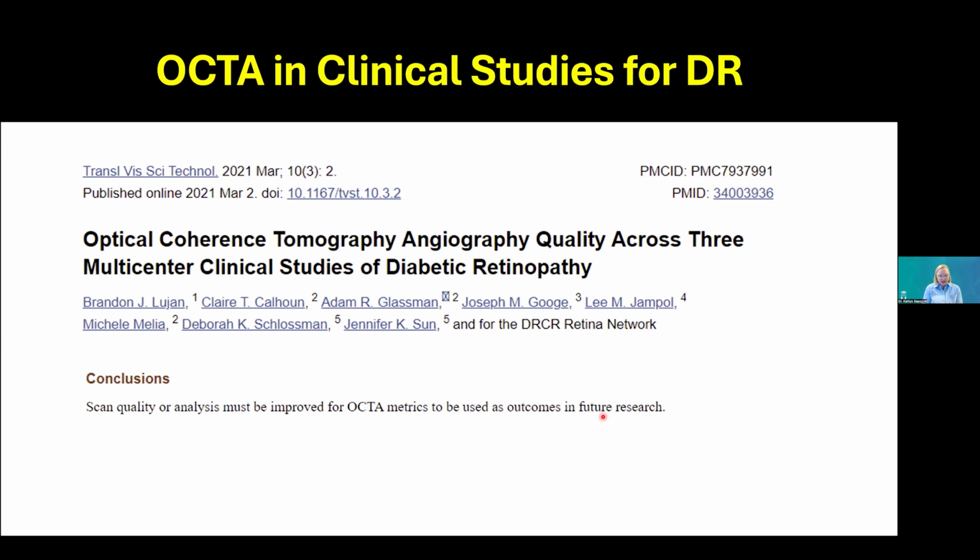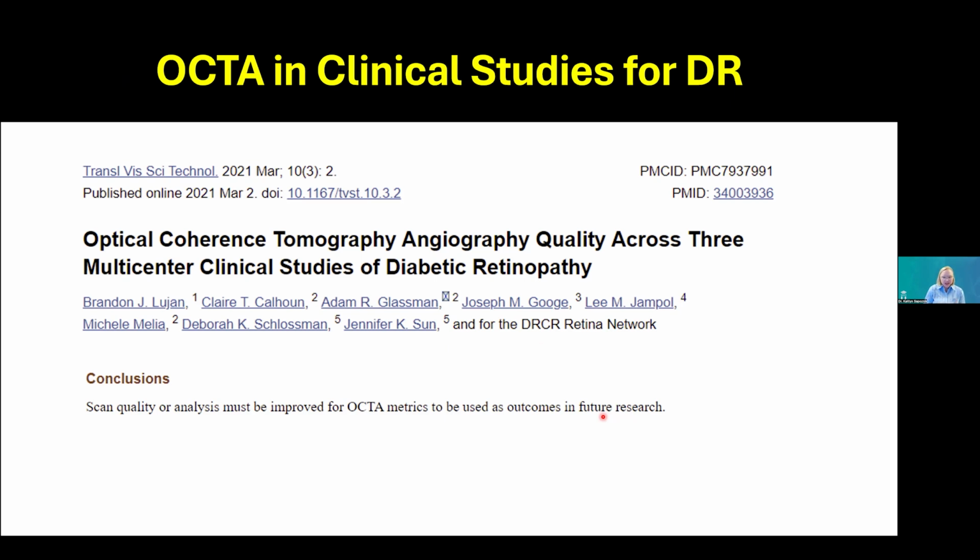But recently, in 2021, they had this publication that the quality was just not sufficient across all of the clinical sites to be able to use OCTA metrics as outcomes. So they really need to be improved and maybe better standardized from clinic site to clinic site.